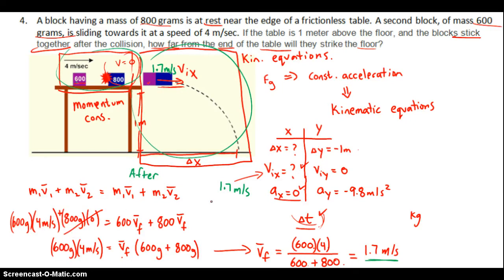So in this problem, 1.7 meters per second is its initial velocity in the x direction. We're going to first look in the y direction. We've got 3 variables, so we can find what the time is, and then we're going to use our answer from the last part to find what delta x is.